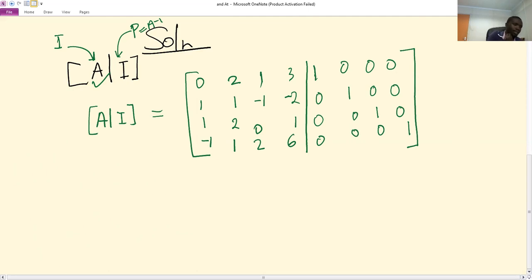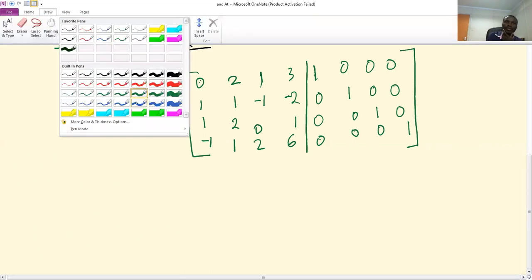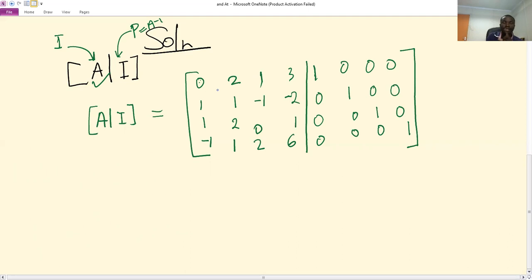Now, the first thing that you see is that the element here is 0. And remember, the identity requires that this element be 1. So we'll interchange the first two rows: row 1 is switched with row 2, row 3 remains row 3, and row 4 remains row 4.